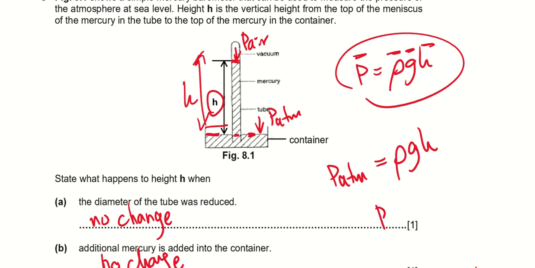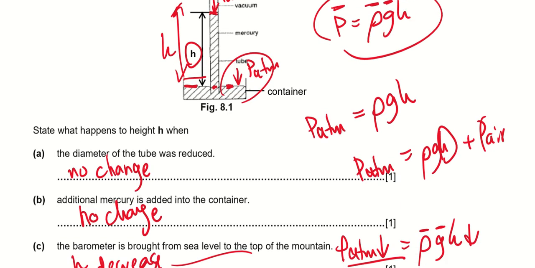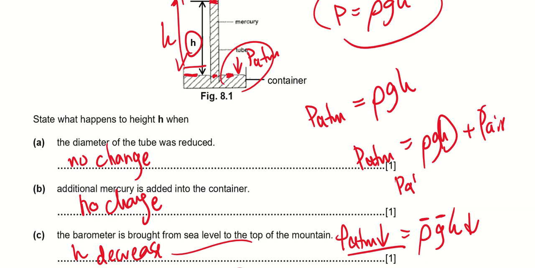But now PATM is outside, inside is this point. So it's based on the height of the liquid, rho gh, plus P air. So now rho gh becomes PATM minus P air.